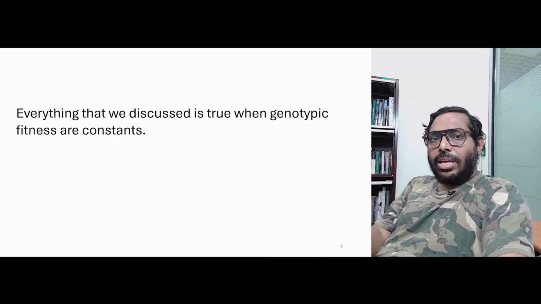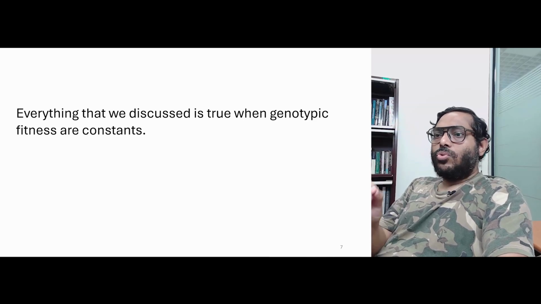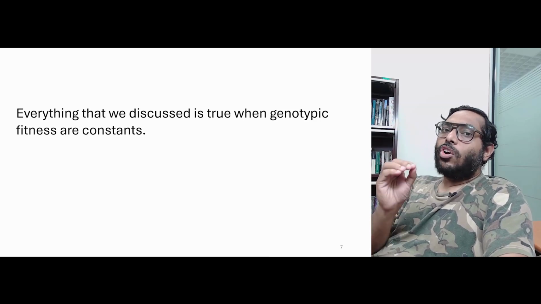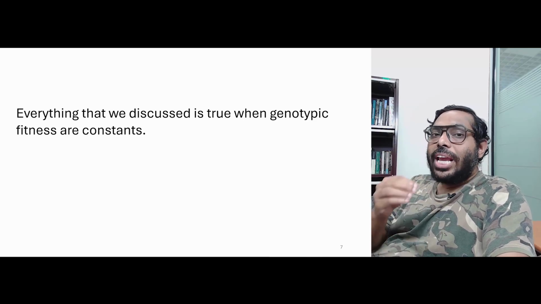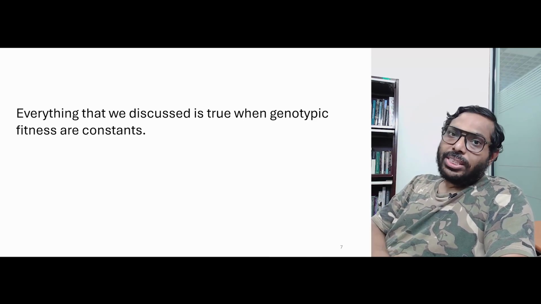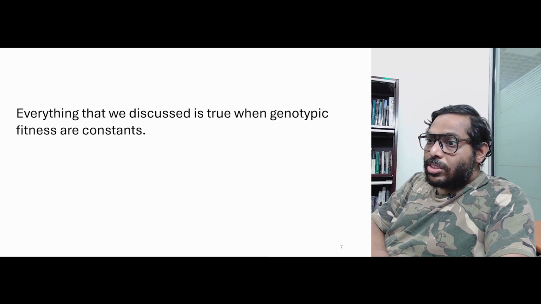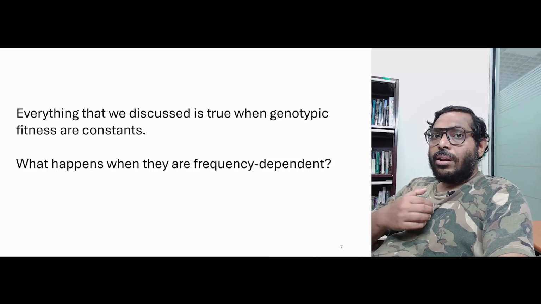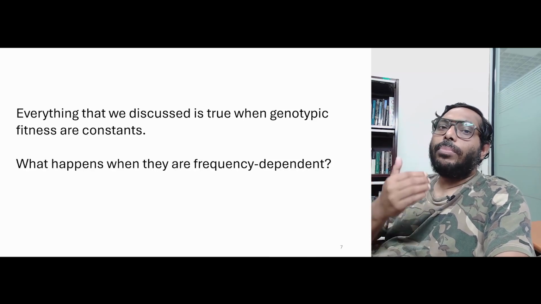Remember, everything that we discussed till now is true when the genotypic fitnesses are constants. They do not change based on the genotypic frequencies themselves. What happens if that is not true? That is when you get frequency dependence of genotypic fitnesses.